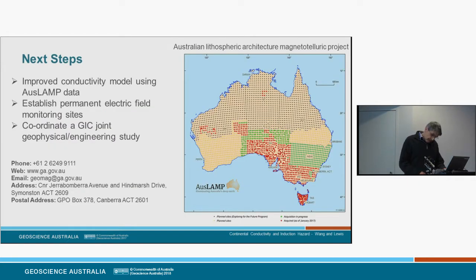So I've demonstrated the application of the geomagnetic and electric fields for Earth conductivity modelling, and how the 3D model can be used to improve our knowledge of the structure of the continent, and it can also be used for induction hazard studies.